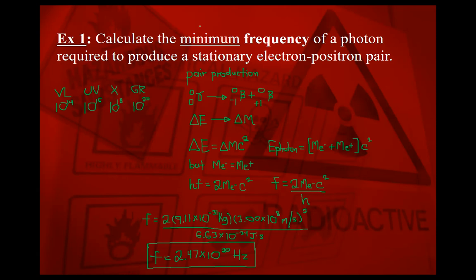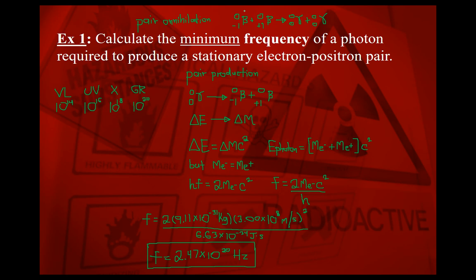Now, just a bit of a warning, if you had to do the reverse process, pair annihilation, that is where you would take an electron and a positron, but this time around you get a pair of gamma ray photons.